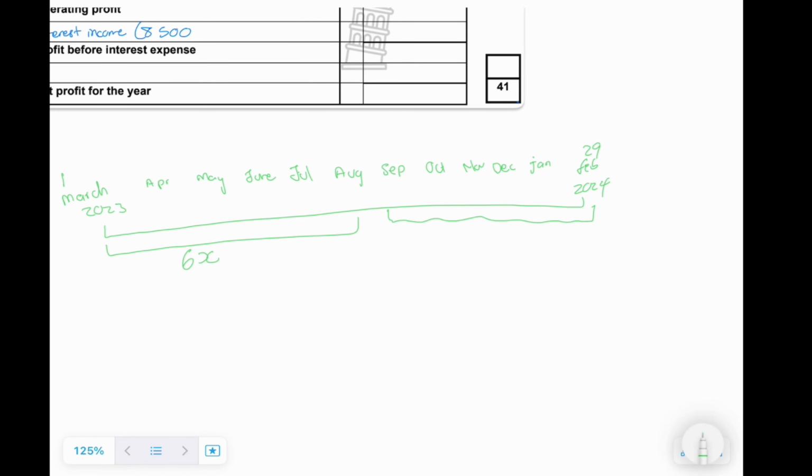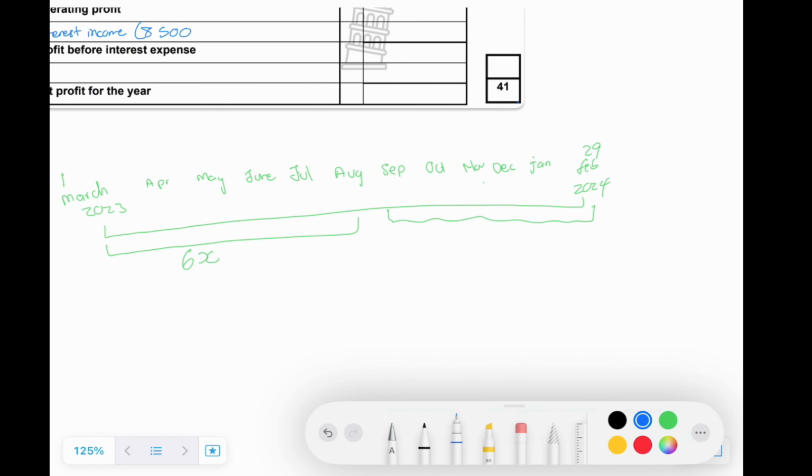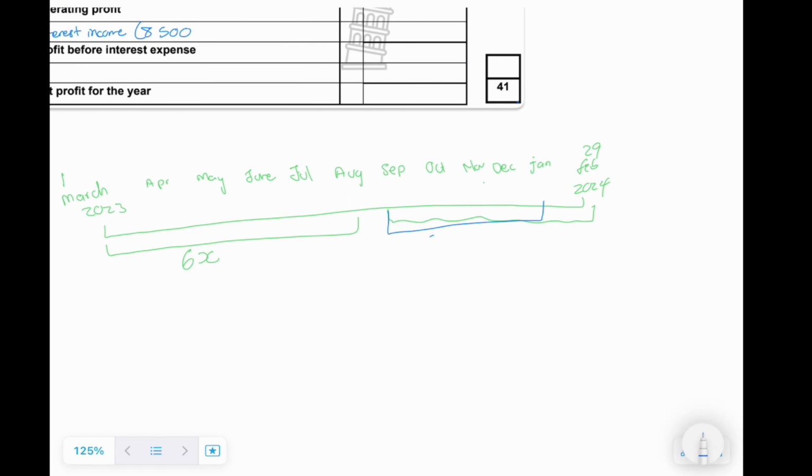Now, how many months did these people pay the rent with the increase? It was September, October, November, December, and January. So these are the amounts with the increase. It was 5 months, and they were paying the X amount at 110%. Why am I saying 110%? Because 100% is the original amount, but they paid 110% because their amount was inclusive of 10%.